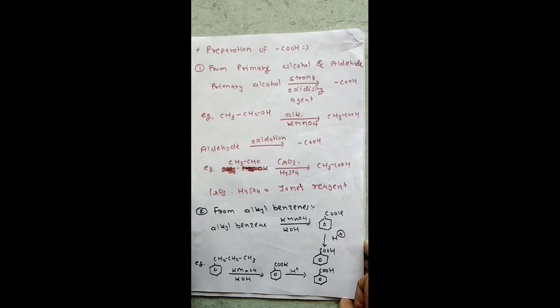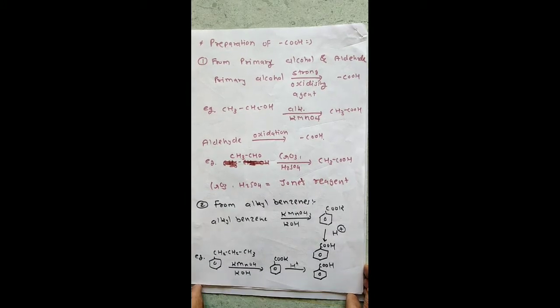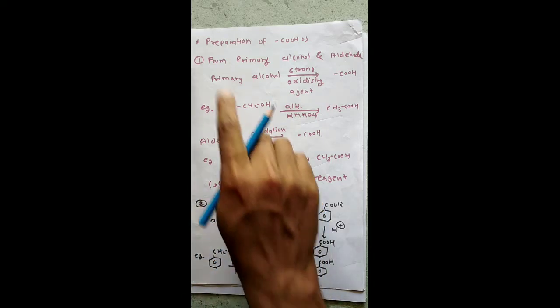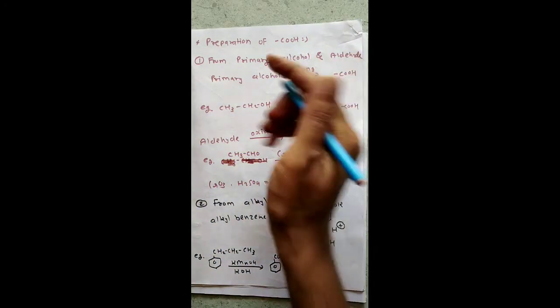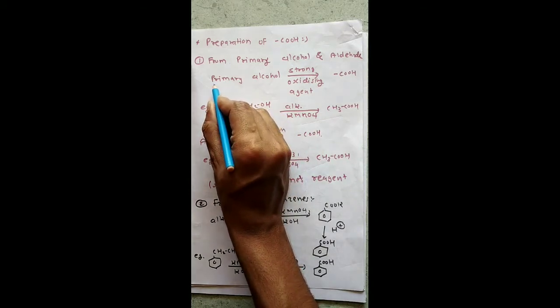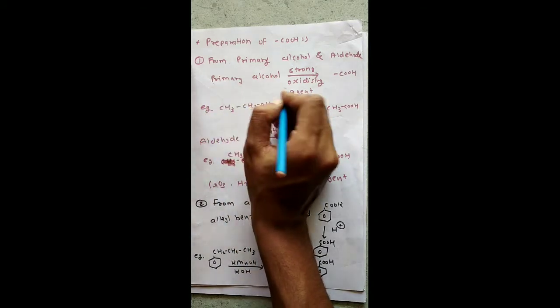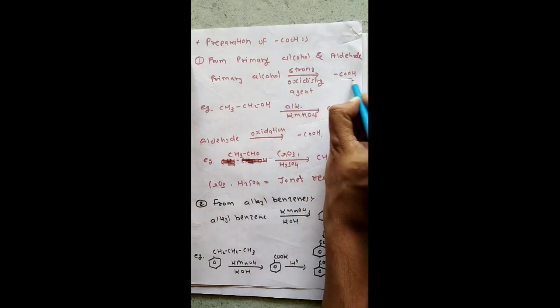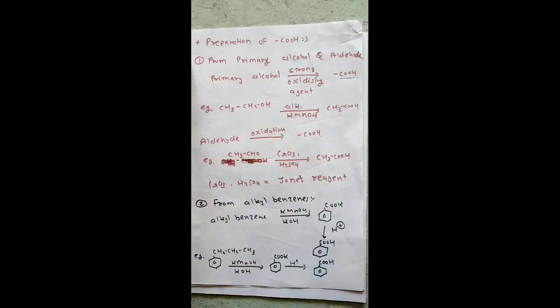Now moving forward, the next topic for today is preparation of COOH, means carboxylic acid group. How can we prepare carboxylic acid? So the first method, from primary alcohol and aldehyde. If we use primary alcohol as the starting material, a strong oxidizing agent will give us the carboxylic acid group.